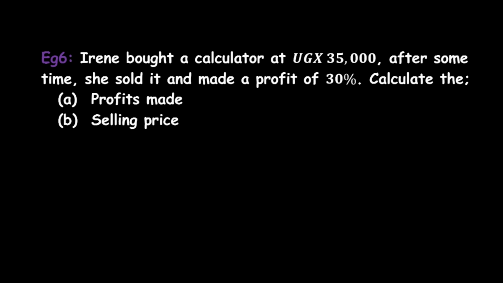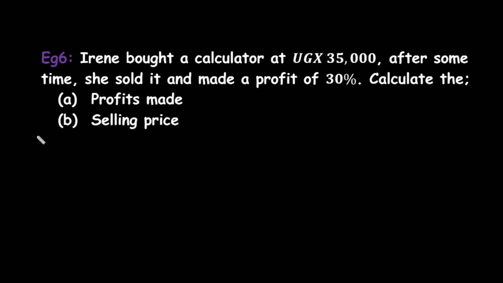Full stop. Calculate the part A, profits made, part B, selling price. Is that okay? Now, this one is tricky. They are telling us to first calculate the profits made, then finally the selling price.